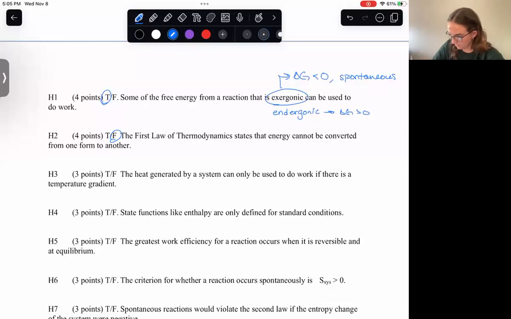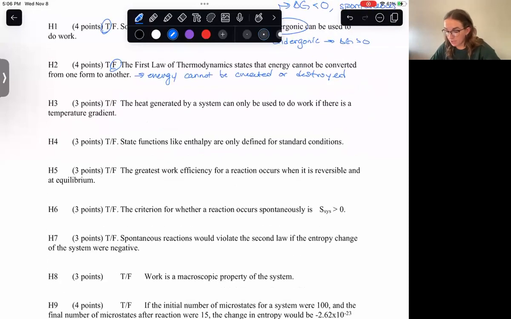Yes, awesome. Energy cannot be created or destroyed, but we can be converting between different types of energy. You can have mechanical energy, potential energy, kinetic energy. All of those could be converted from one to the other, but it cannot be created or destroyed. Awesome.